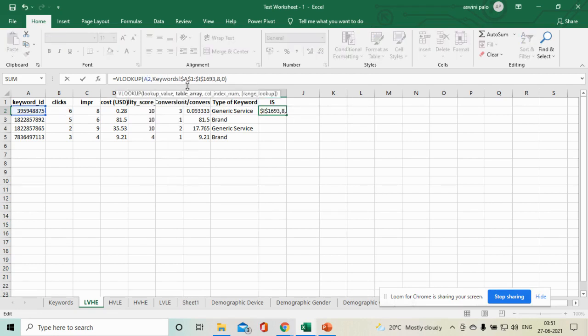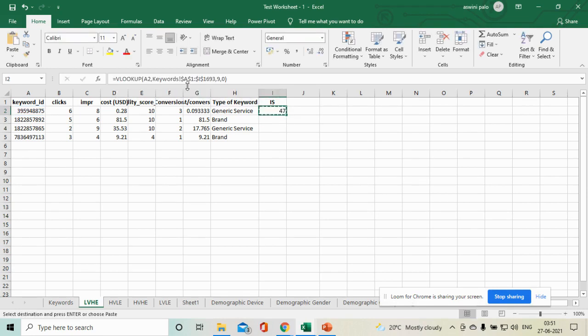Then let me put row number 9, column number 9, enter. So this is in percentage, guys. Let me put it like this.